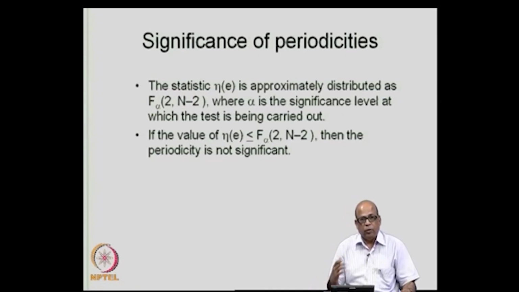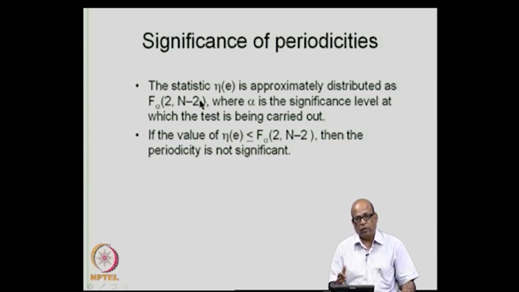The F distribution tables, if you look up in any standard textbook, they will give for each of these significance levels the number of degrees of freedom and the values. So, let us say you choose F alpha as F 0.95 or alpha as 0.95, 95% significance. Corresponding to 95% significance, you compute these.